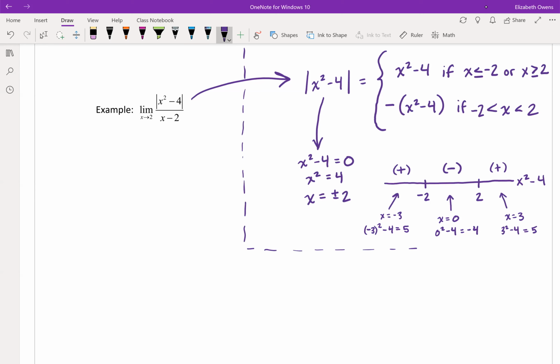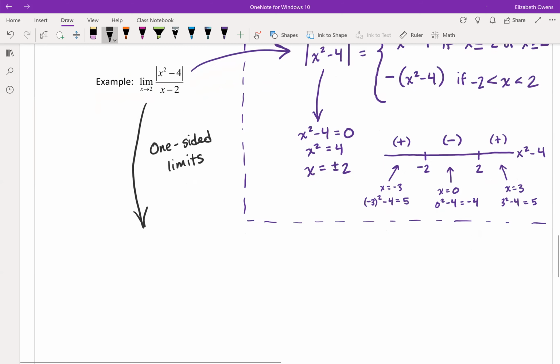We're making a new function there, a new representation of that function. And now we can use that and approach our one-sided limits. Okay, one-sided limits. No other trick was really working here.